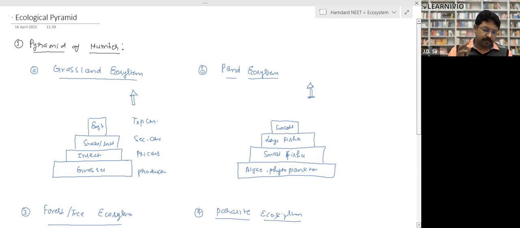Ecological pyramid. First note down the definition, then I'll explain what kinds of ecological pyramids there are.